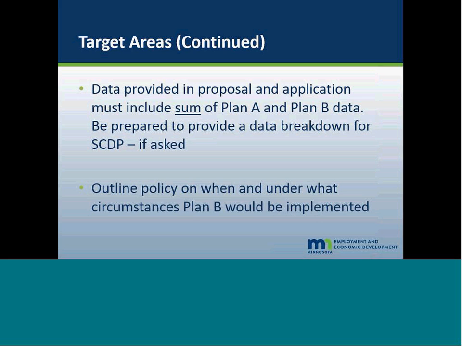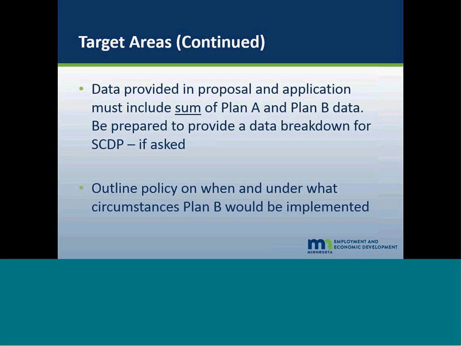We had issues with the preliminary proposal in the application from last year. There was some confusion about Plan A and Plan B, and part of that was my fault when I worked on changing those documents to not be clear about how we want to sum or combine the Plan A and Plan B data.